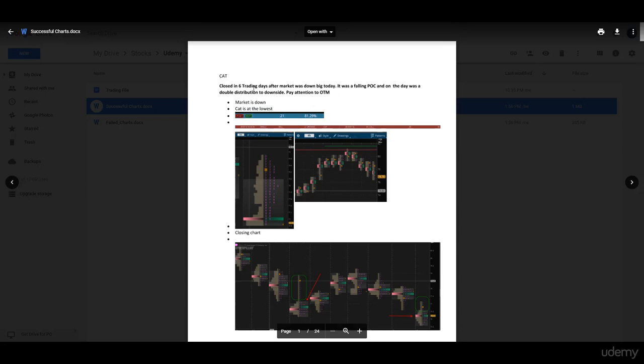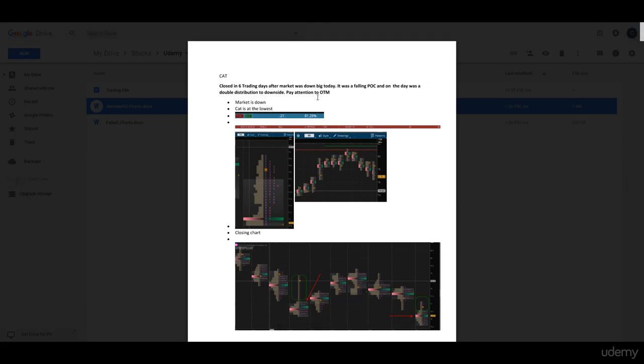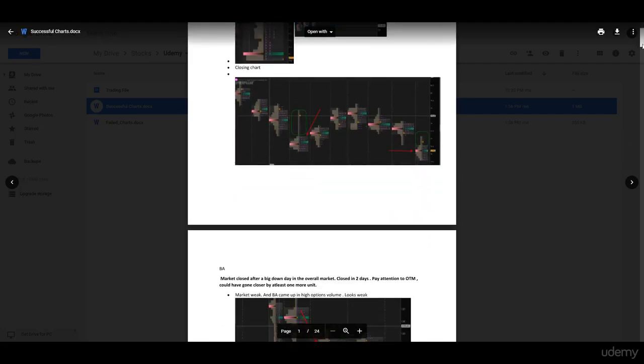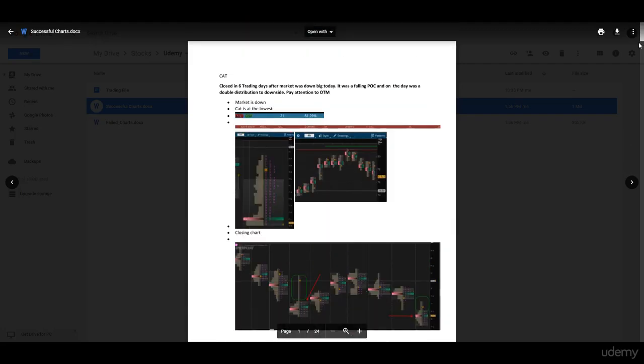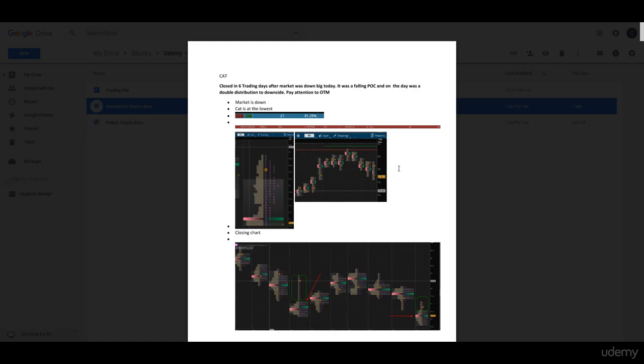I closed in 6 trading days. It was a falling peak on the day, a double distribution to the downside. Pay attention to OTM. I put that in and it was a winner. Next time if I want to trade CAT, and a chart comes up similar to this, I will be much more confident of entering this trade.